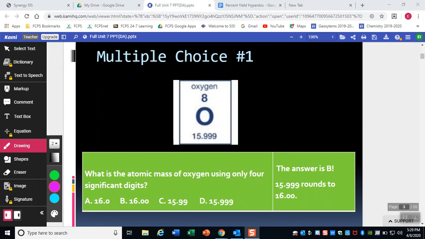If we want to round it, with mass we're going to use the mass number, and for our moles, we're going to round to the nearest whole number. So if it's 15.999, you look at the one to the right, that would round up to 16. And if we want 4 significant digits, 1, 2, 3, 4, it would be 16.00.